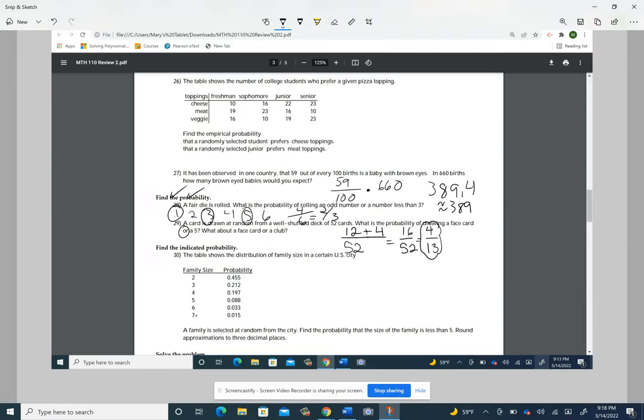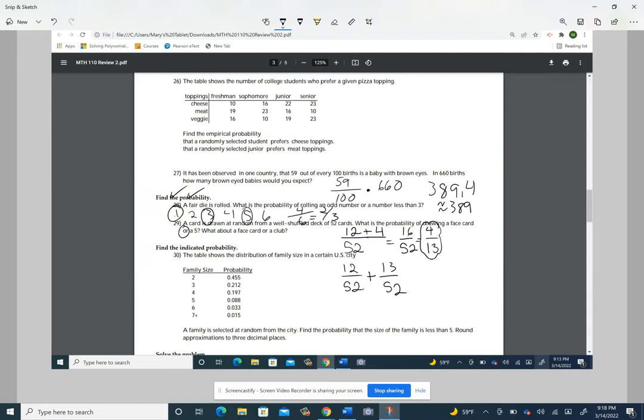And then it says, what about a face card or a club? And I threw that extra question in there because when you're doing that one, there's a probability of 12 out of 52 getting a face card. Club, that's one of the suits. There's 13 out of 52 clubs. So you might think the answer is 25 out of 52.